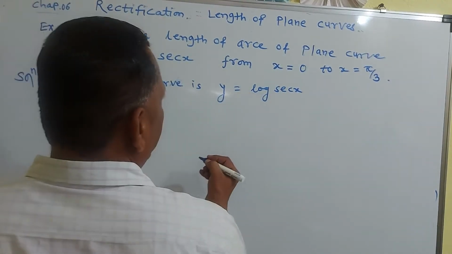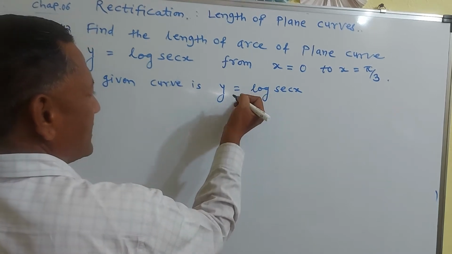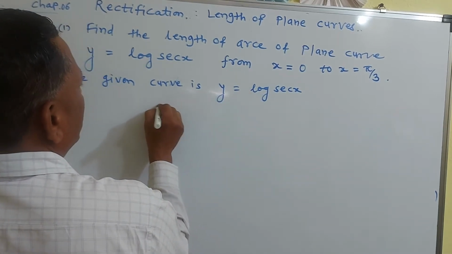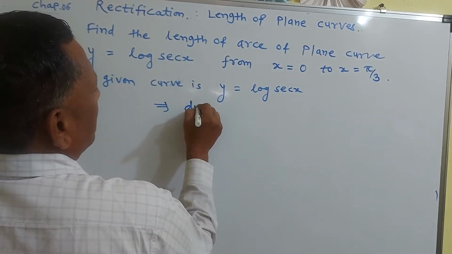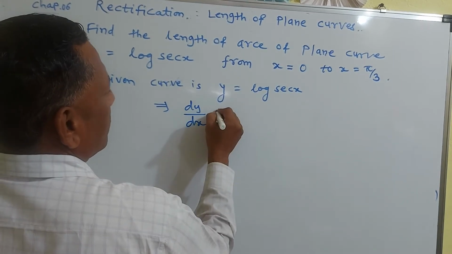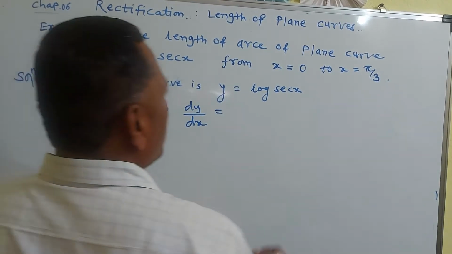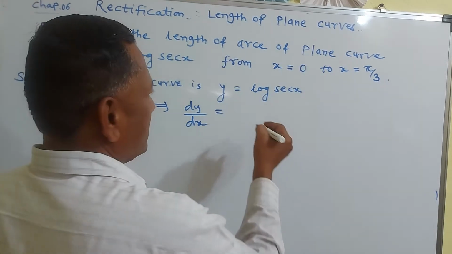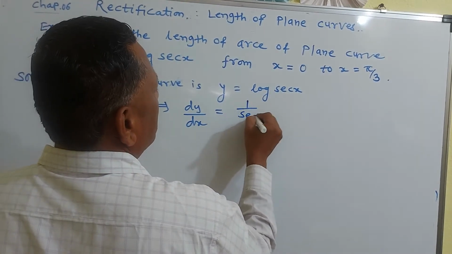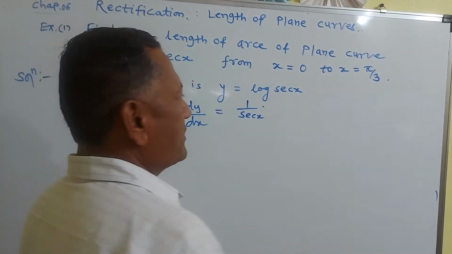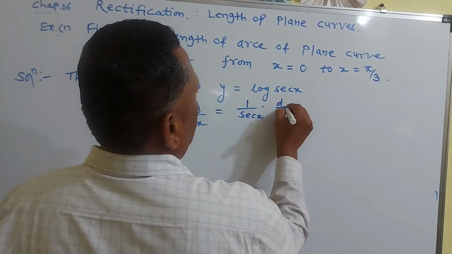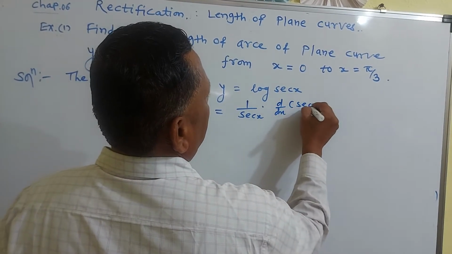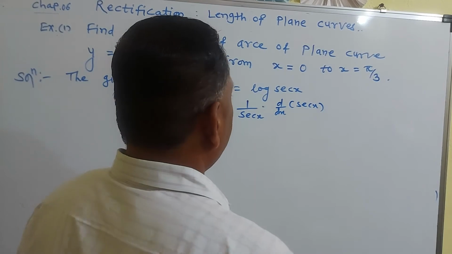So you need dy by dx. Differentiating this with respect to x, we get dy by dx is equal to the derivative of log of sec x. Derivative of log of x is 1 upon x, so 1 upon sec x into the derivative of sec x. What is the derivative of sec x?